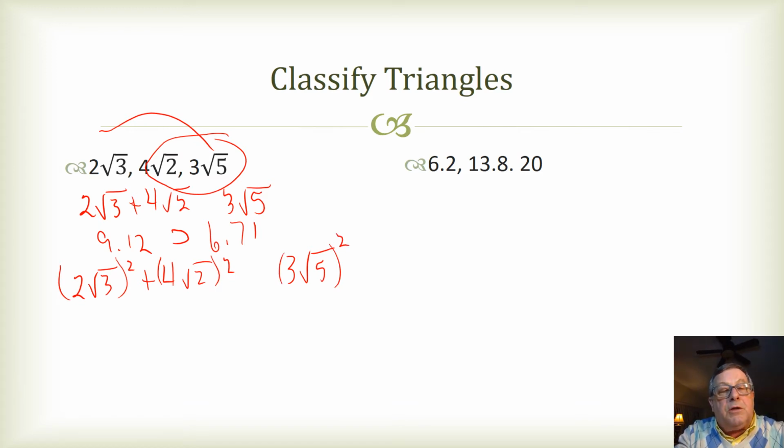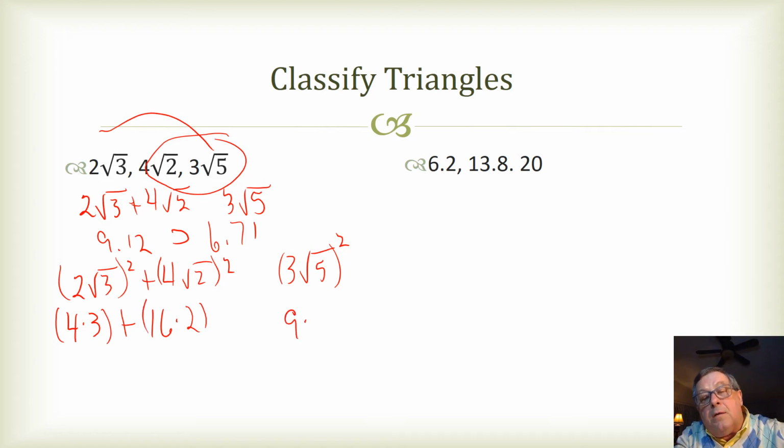Okay, so 2 square root of 3 squared, well, that's 4 times 3 when we square that, plus 4 square root of 2, well, that's 16 times 2. And then 3 square root of 5, well, that's going to be 9 times 5.